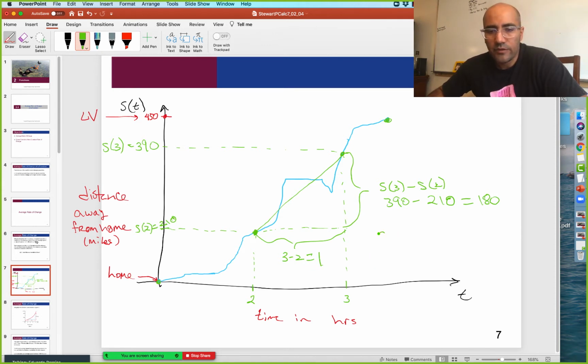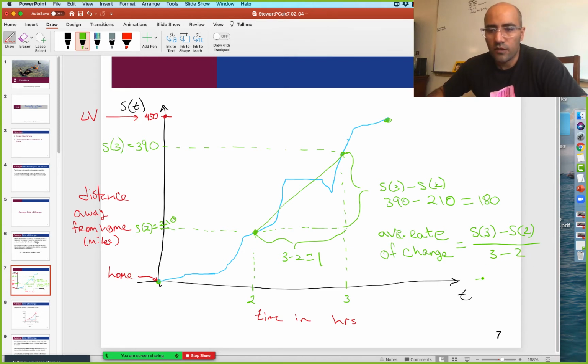So the average rate of change would be equal to S of 3 minus S of 2, all over 3 minus 2.